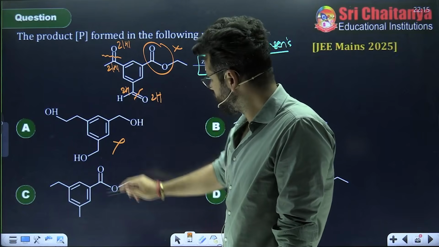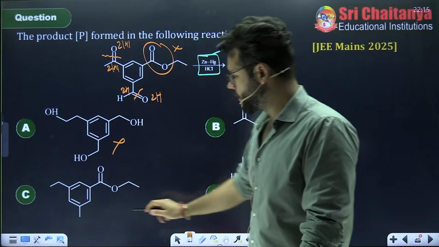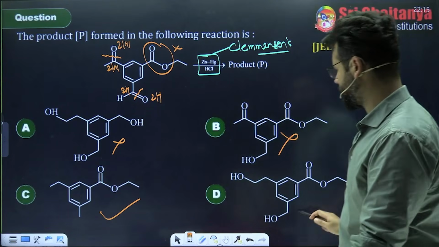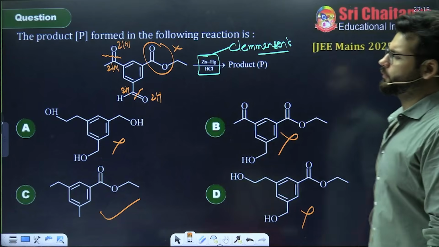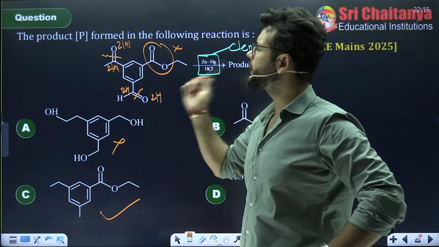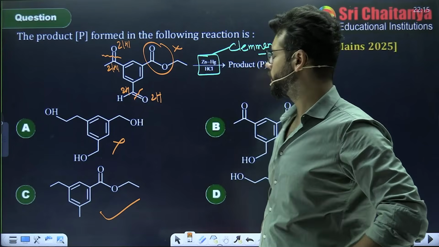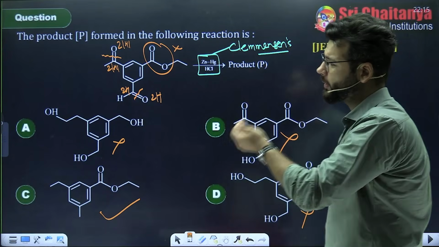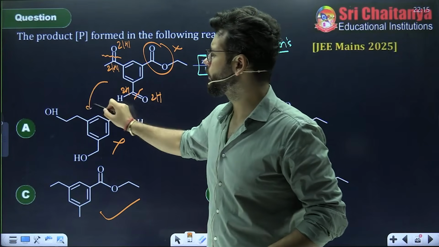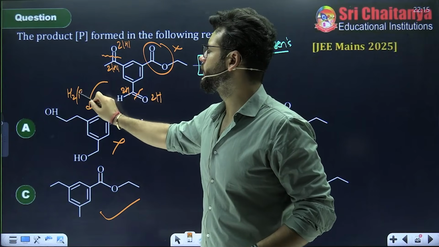This is wrong. This is the one. This is wrong. This would have happened with LiAlH4. With LiAlH4, both would have converted to alcohol. Ester also would have converted to alcohol. With LiAlH4 or hydrogen palladium, you would have reached here. If you wanted to go here, H2/Pd you could have done.